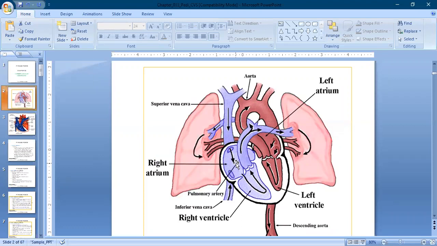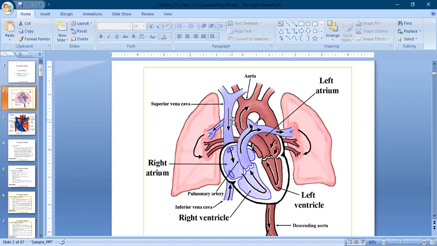This is the right atrium. From the right atrium, blood is supposed to go to the right ventricle. From the right ventricle, blood is supposed to go to the pulmonary trunk, finally the lungs.